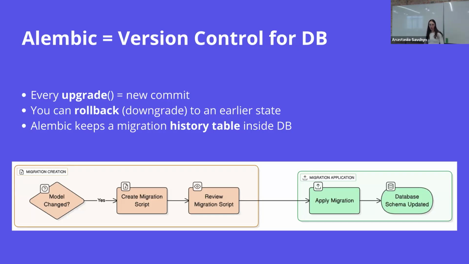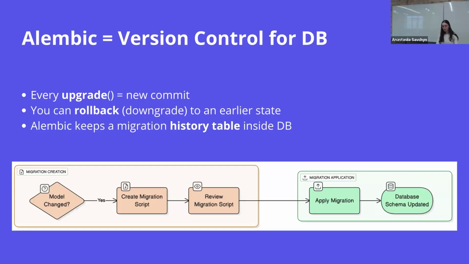Upgrade is what is applied when you proceed with your migration, and downgrade is what is applied when you want to revert it. So it may be similar to commit and rollback in SQLAlchemy. So upgrade is a new commit, rollback is a downgrade. And also you can see this diagram.